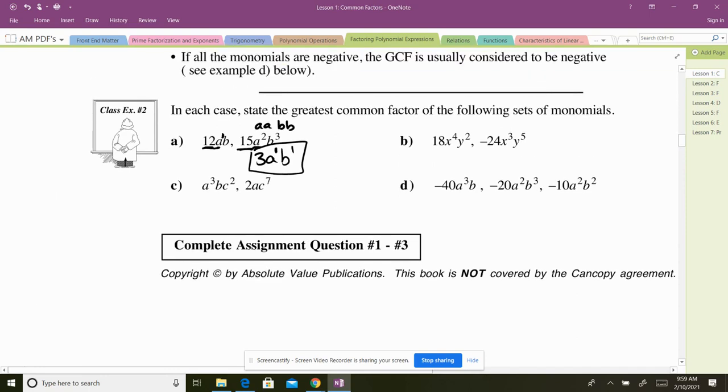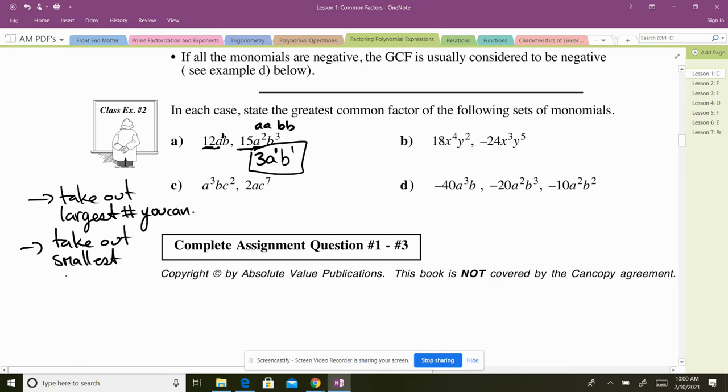So let's do the summary. When you're doing this, take out the largest number you can, and the smallest exponent for variables.